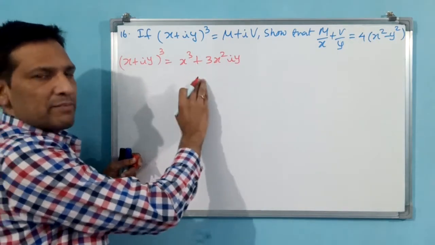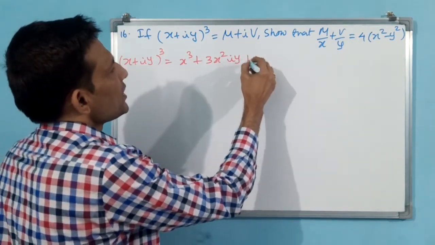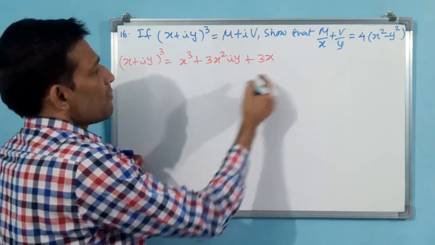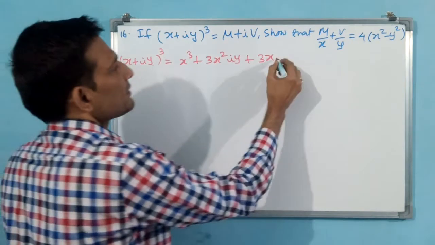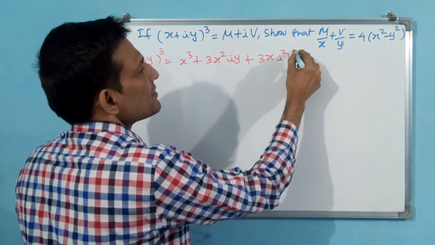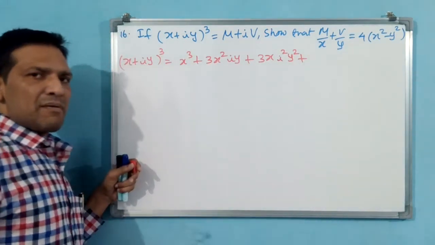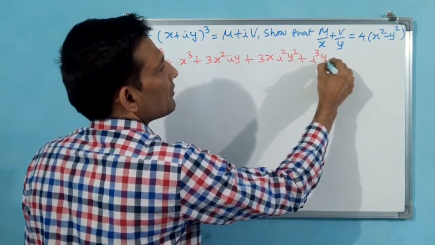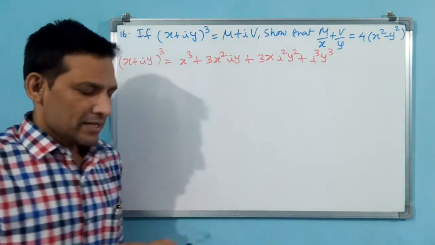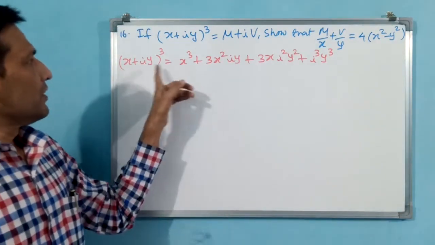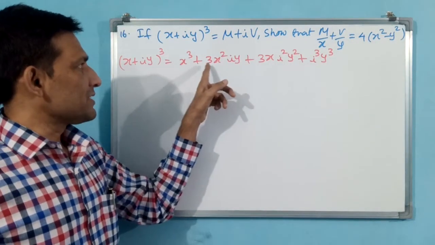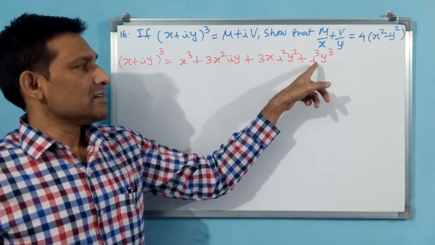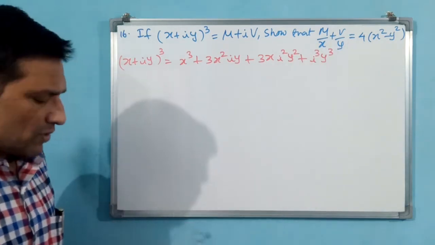We will simplify afterwards. I first we have to write, but at last we will simplify. Plus 3ab square. a is x, b square means i square y square. Plus b cube, i cube y cube. Is it okay? (a plus b) whole cube is equal to a cube plus 3a square b plus 3ab square plus b cube. This we have written.